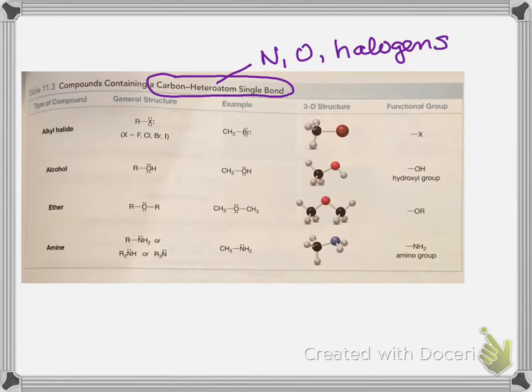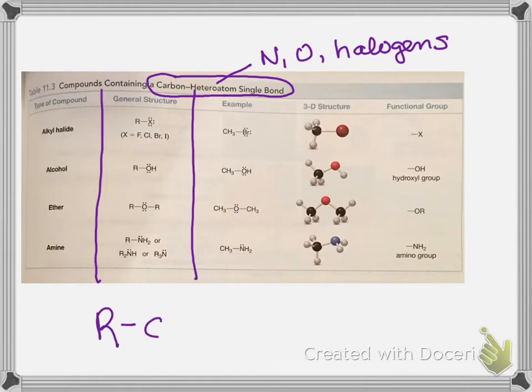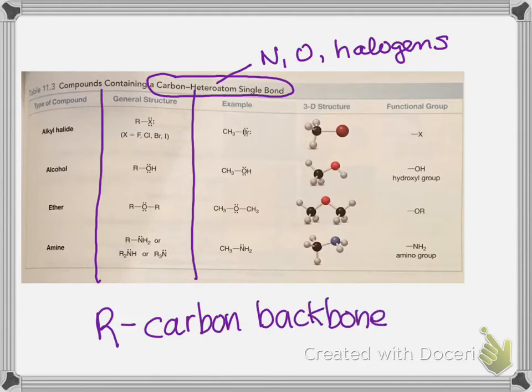Now here is the general structure. So this is kind of what we're looking for. Remember, R is a carbon backbone, and it will be different for each molecule.